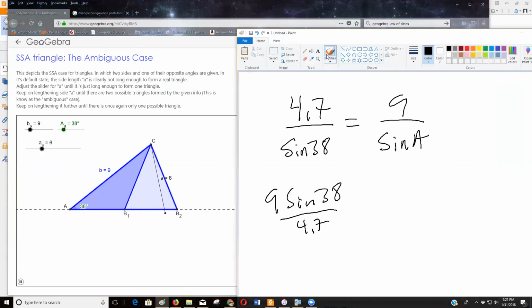Let me set up the law of sines for this. I'm going to clear this out.